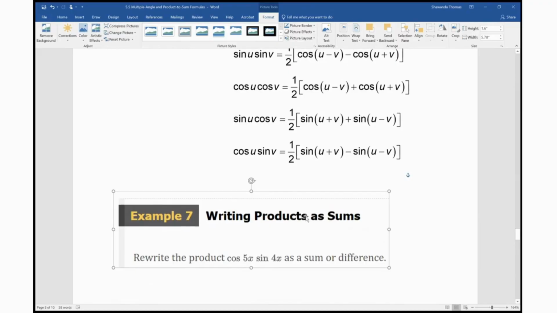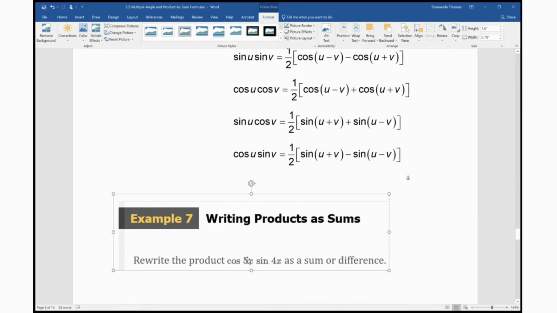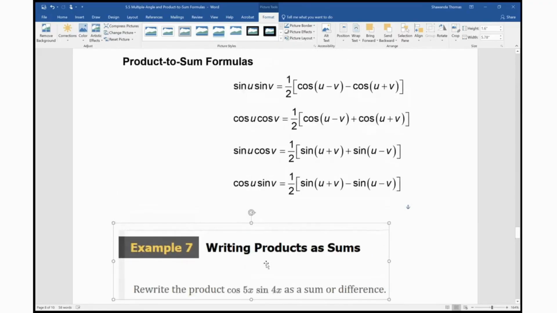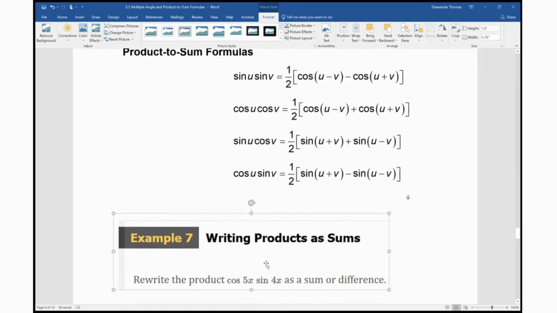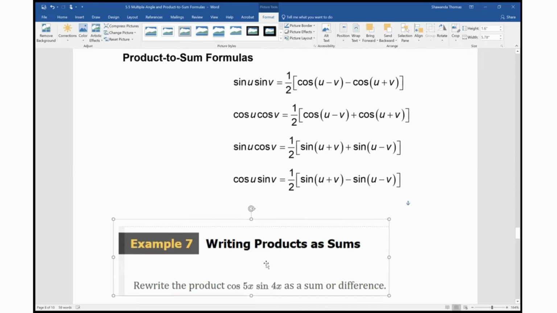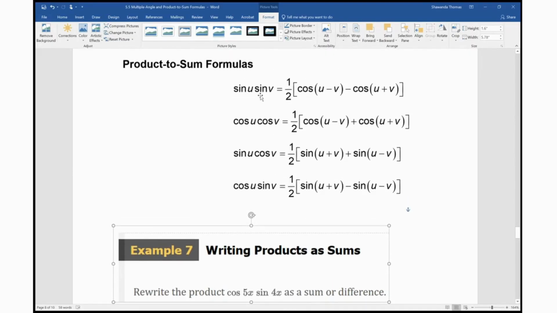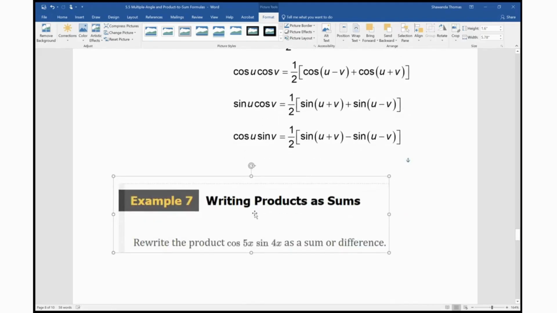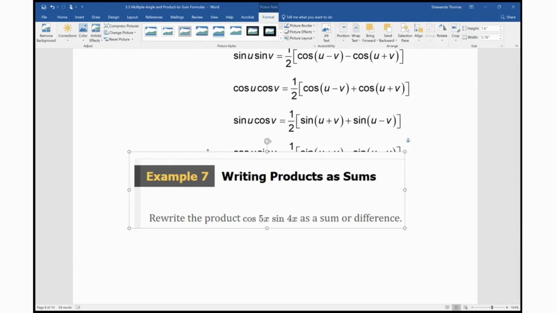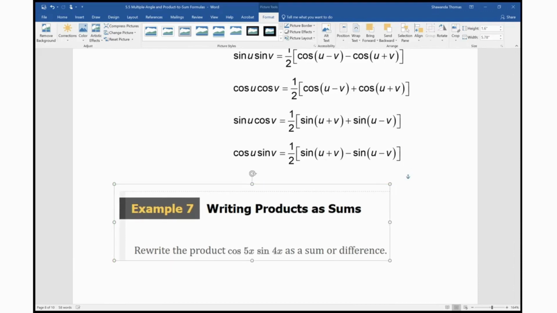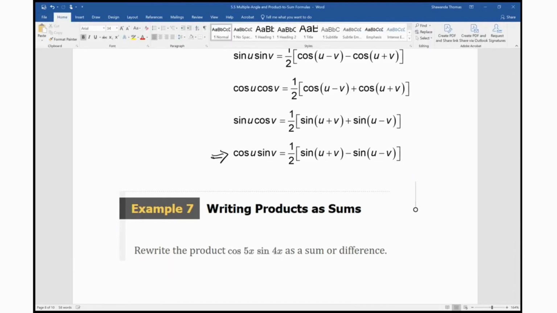Cosine 5x sine 4x. Notice we've got cosine first, sine second. Which one of these formulas do you think it resembles the most on the left side? The first one, second one, third one, or fourth one? The fourth one, okay. Cosine is first, sine is second.